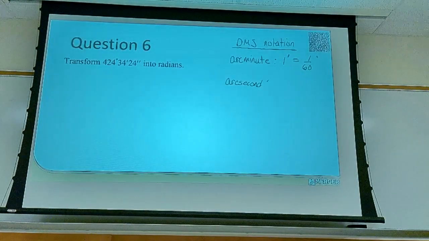An arc second is 1/60th of an arc minute, so you have 60 arc seconds in an arc minute, which means there are 3,600 arc seconds in a degree.